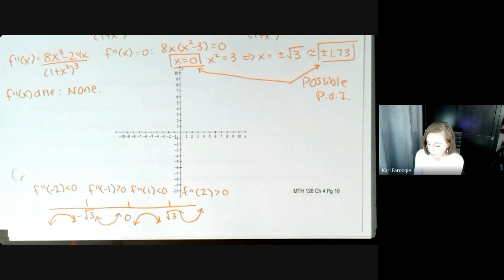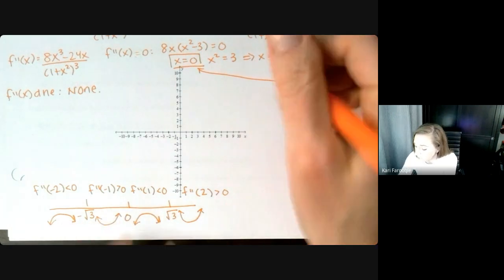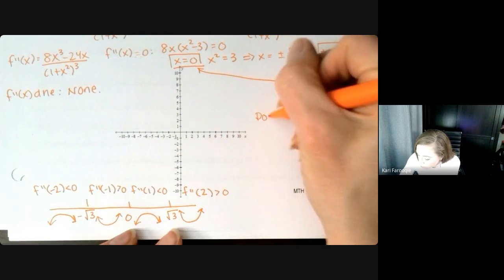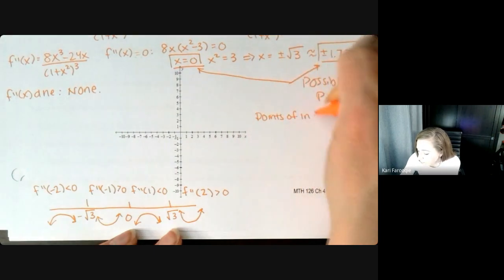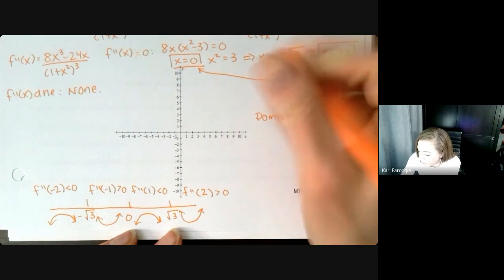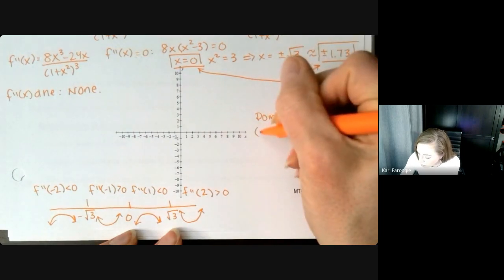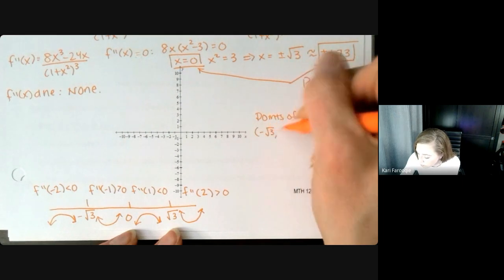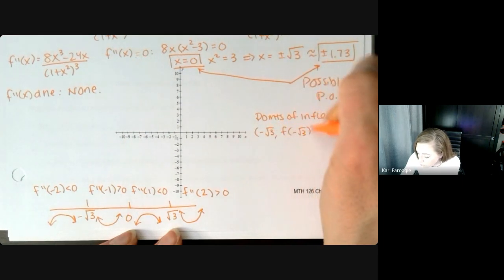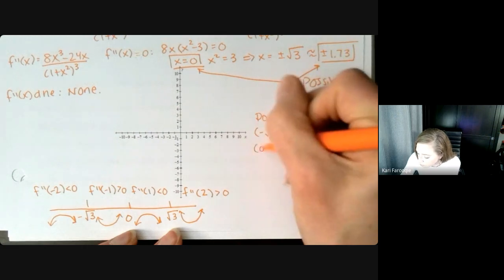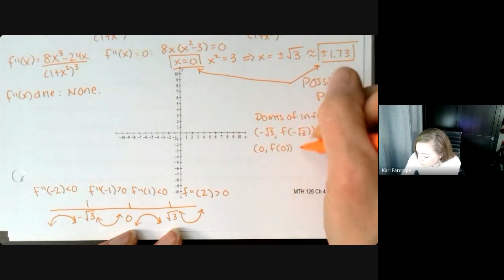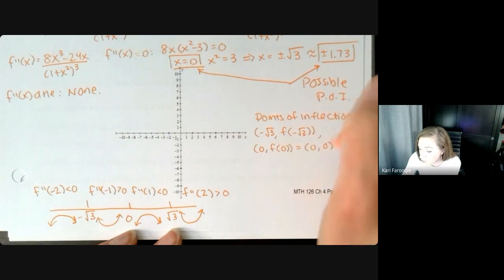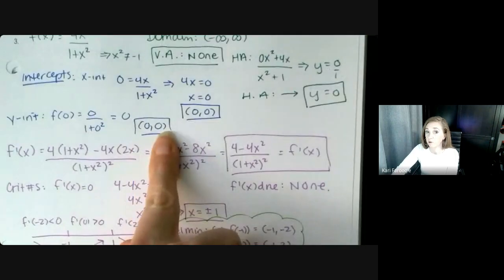We know that all 3 of these values are going to represent points of inflection because the concavity changed in all 3 instances. So they're going to occur at negative square root of 3, f of negative square root of 3, 0, f of 0, which we already know actually is 0, 0, because we found that point earlier. The y value at 0 is 0.